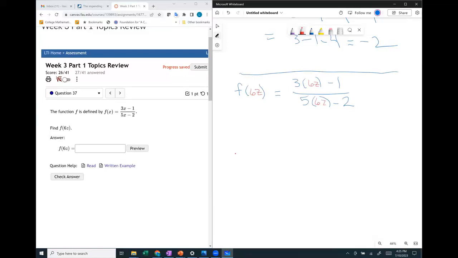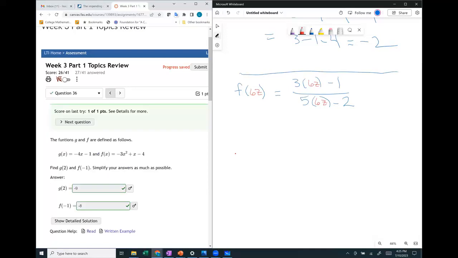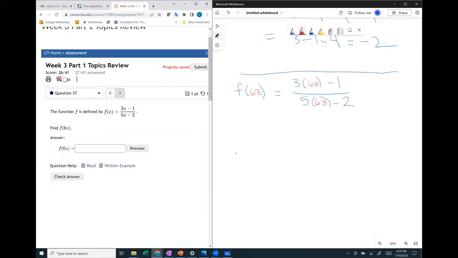This is really like saying x equals 6z. The last one is like saying x equals 2 for g of 2, x equals negative 1 for f of negative 1. So this equals 18z minus 1 divided by 30z minus 2.